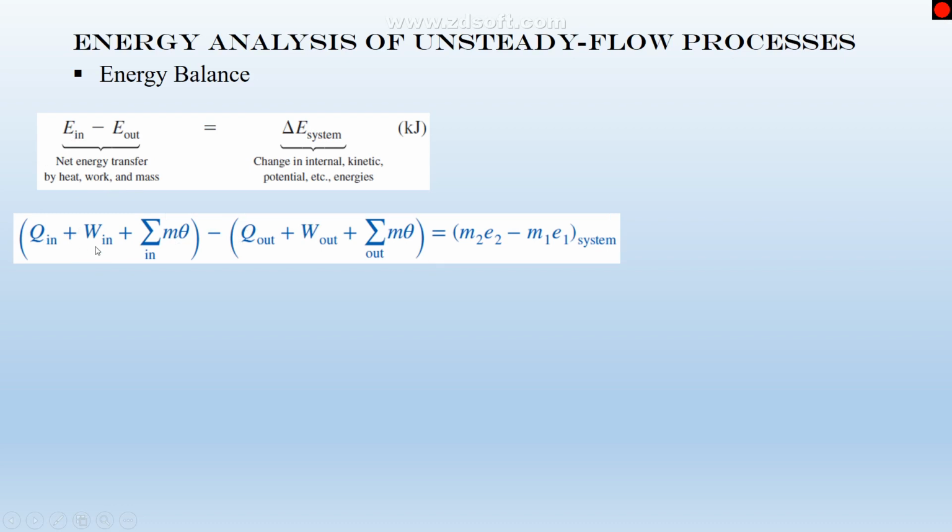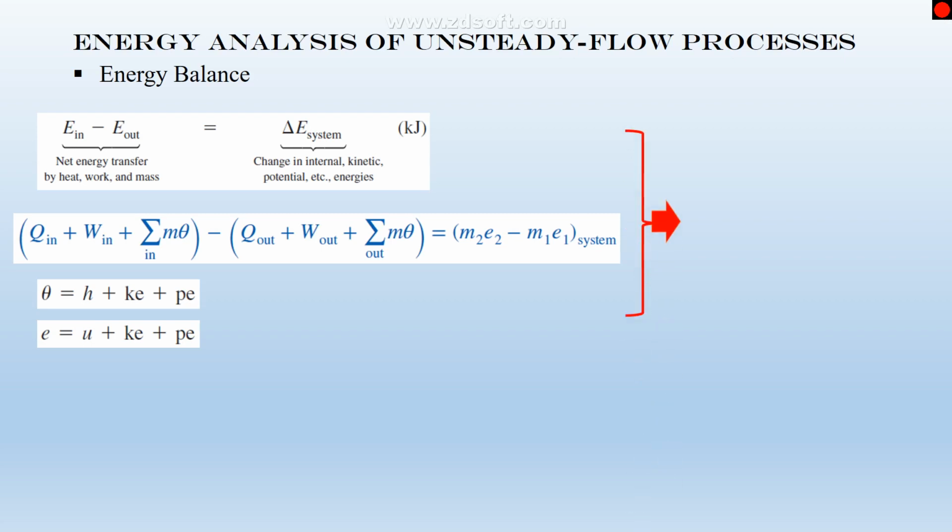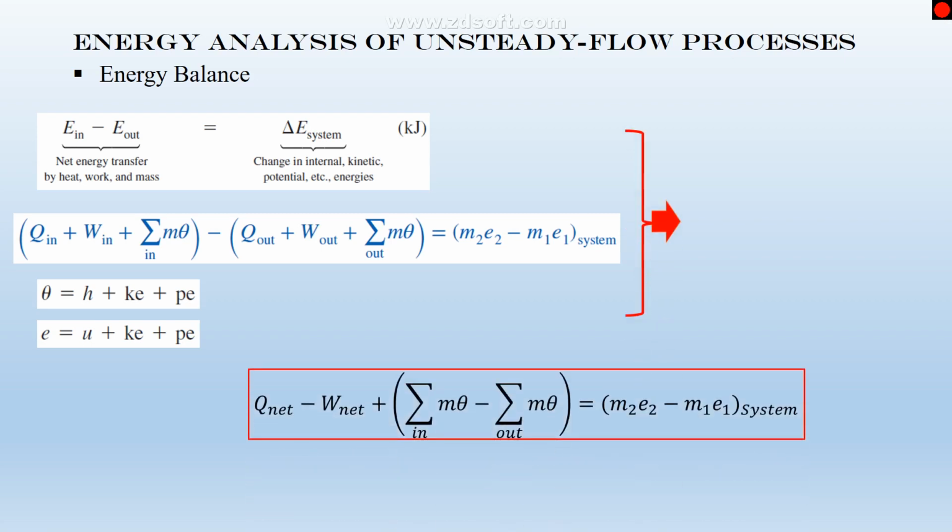So E in is this term, E out is this term, and this term is the delta E for the system. If you remember from the previous section, theta is a combination of enthalpy, kinetic energy, and potential energy. And E is a combination of internal energy plus kinetic energy plus potential energy. So if you combine all these terms for theta and E into this equation, and then combine these three terms, you will reach this equation.